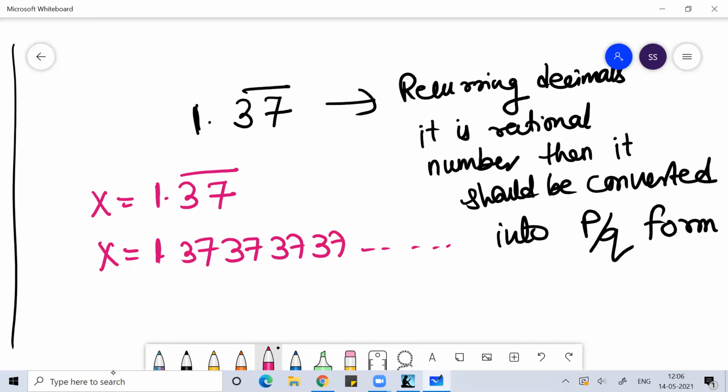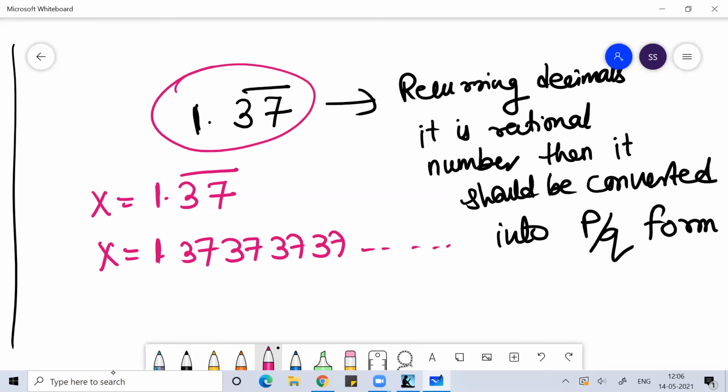No, sir. I'm writing a simple thing. You understand this is a recurring decimal, so it should be converted into P by Q form. Now the question arises how you can convert this. For that, I'm telling you how you will be able to do that.